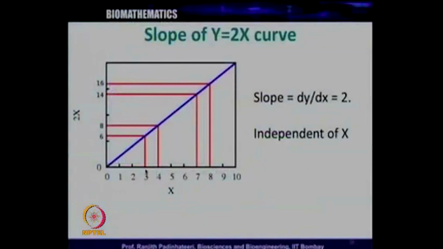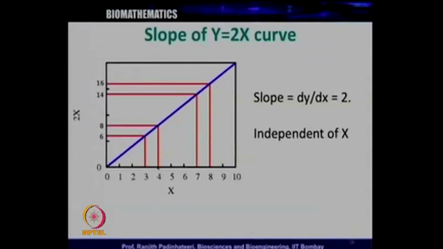Just like what we did before, let us start from 3 and calculate the corresponding y value. The function here is y equal to 2x. Since y is twice x, if you have 3 you get 6, and if you have 4 as the x value, the corresponding y value is 8.